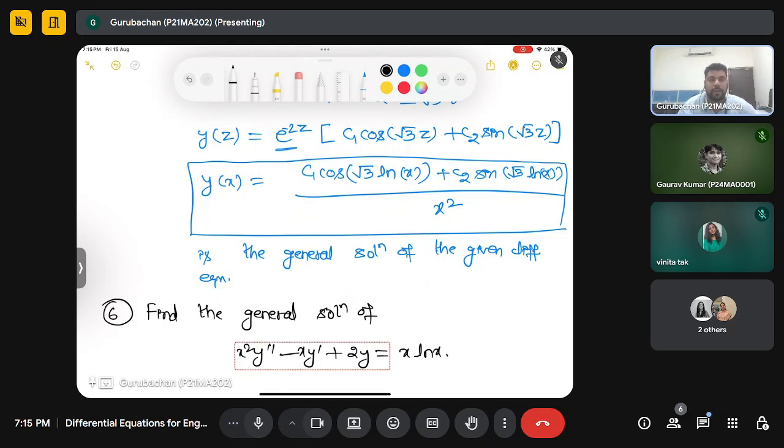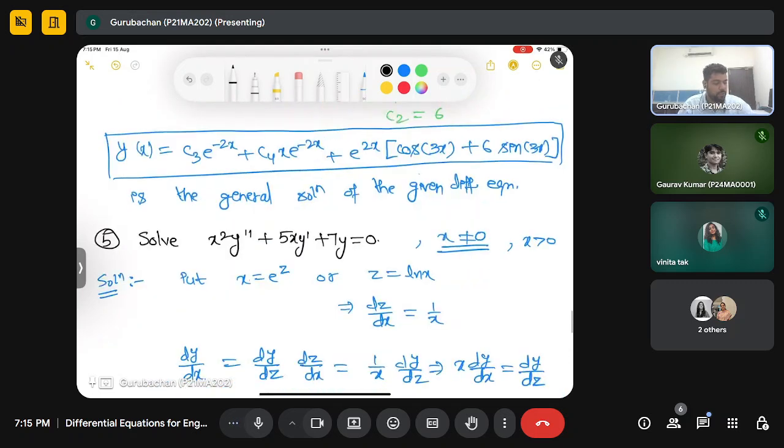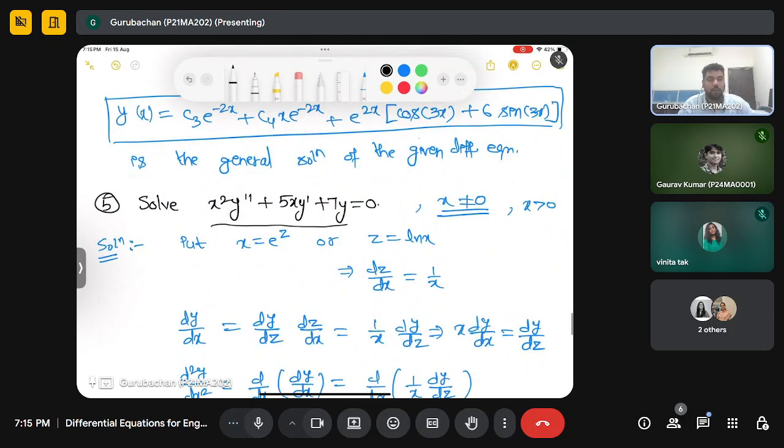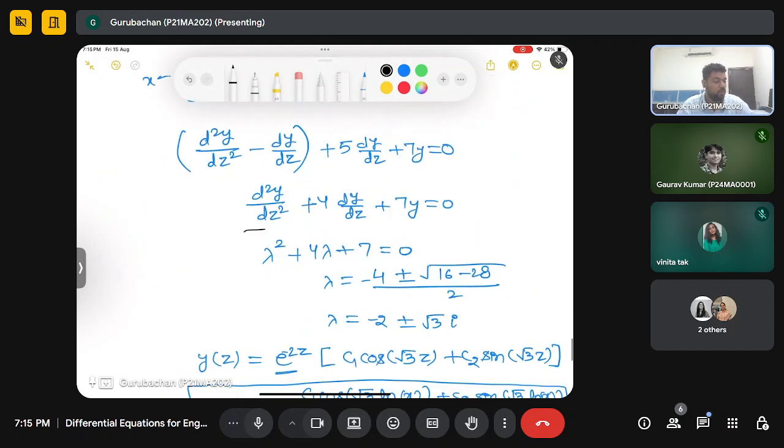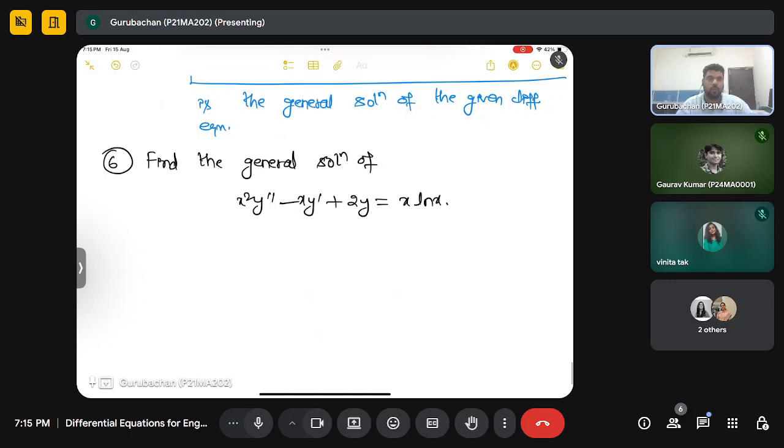So you know that we have to convert this into a constant coefficient differential equation. If you observe from question number 5, earlier it was a variable coefficient differential equation, then we converted it into a constant coefficient differential equation. The same way we have to convert this with respect to the independent variable z.